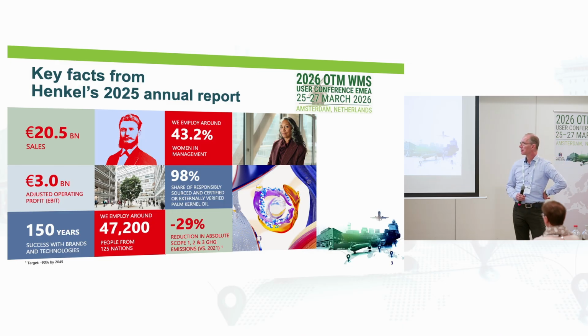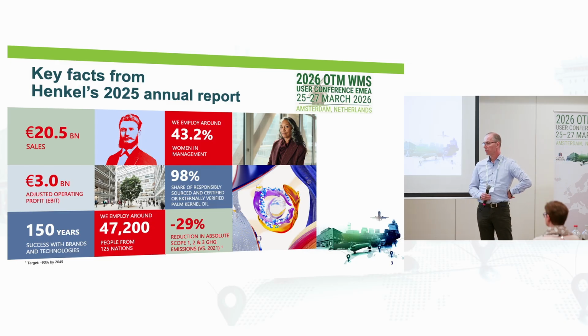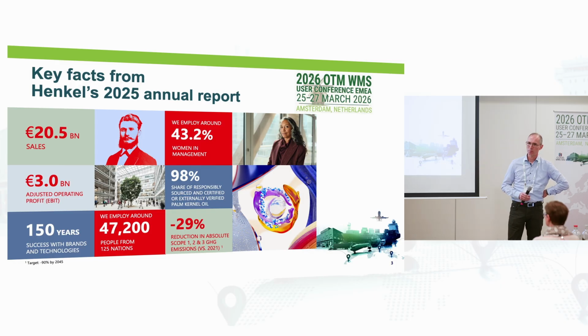Since decades, we have a strong focus on sustainability and also a clear focus on DEI activities. What we are very proud of at Henkel is our history, and this year in September we will celebrate 150 years of Henkel. So pretty much looking forward to that celebration.